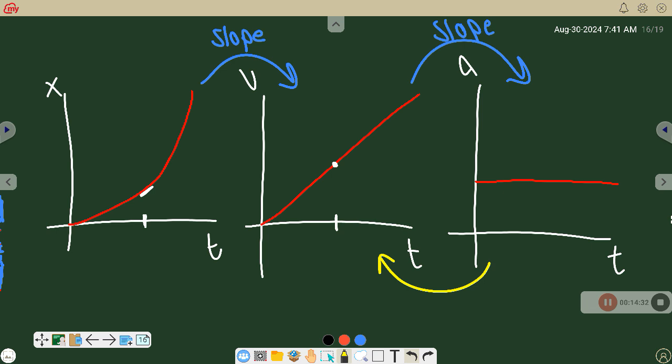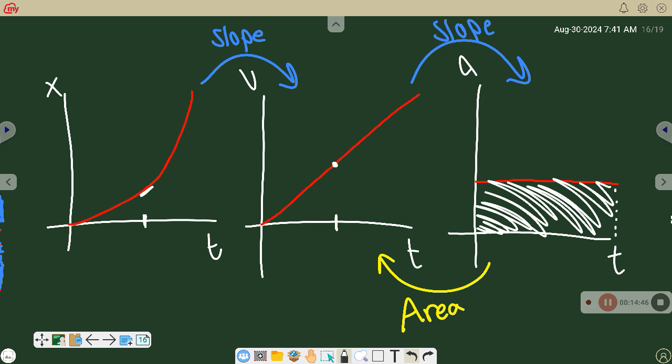So check it out. If we look at the area under the curve of the acceleration versus time graph, so the whole area of the graph between the line itself and the x-axis, if we were to calculate that area, that would tell us the change in velocity for a velocity versus time graph.